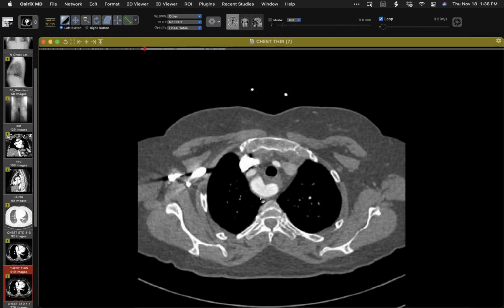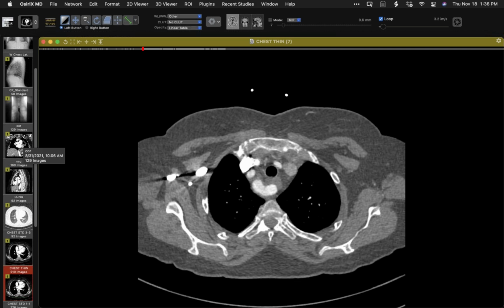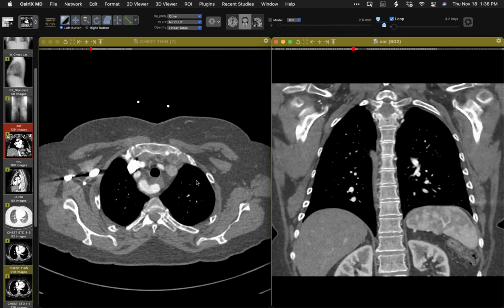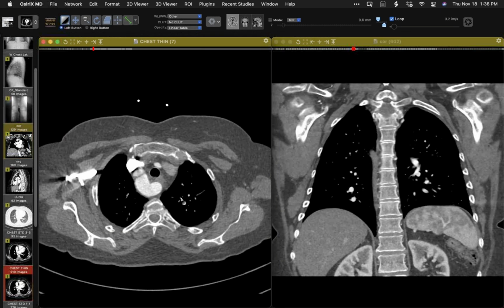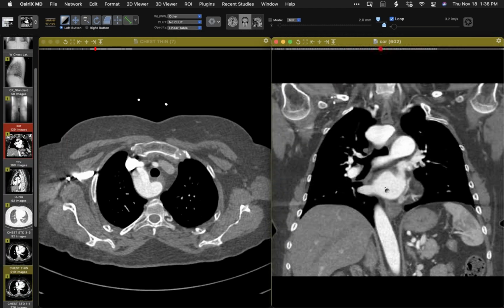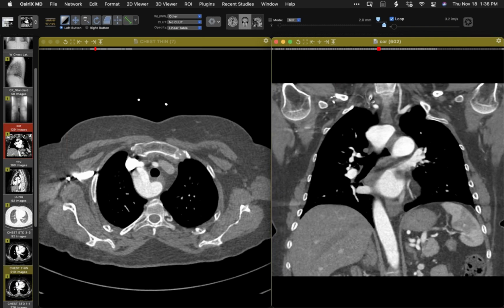Bringing up the coronal alongside, we see there is no patent vessel connecting the left subclavian artery to this region. Indeed, the left subclavian artery is filling across from the other side via the left vertebral artery.